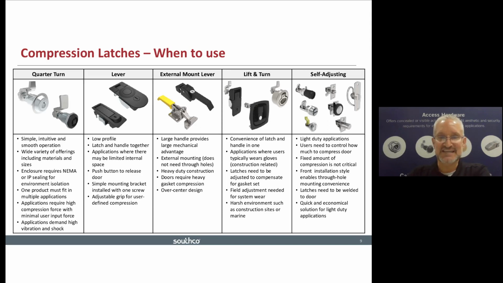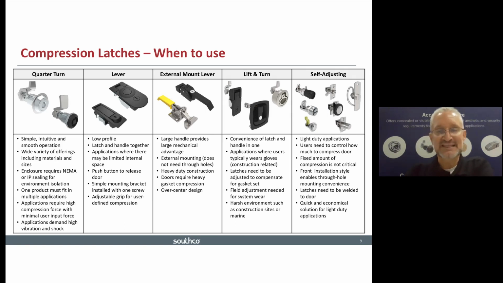The third type of compression mechanism is a special form of lever latch I call the external mount lever. As you can see from the pictures, there's a very large handle which provides increased mechanical advantage. So if you need to compress a very heavy gasket on a very large door, or if your application is outside, it might see weather with snow or ice, you can use that handle to provide the mechanical advantage and break free of ice if needed.